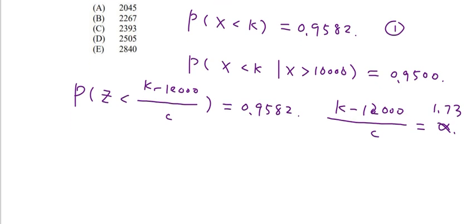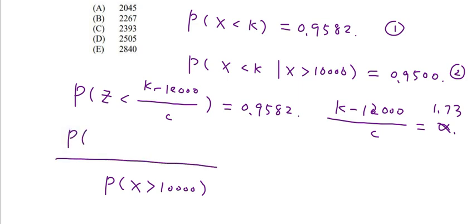Then we check condition 2. This conditional probability equals P of x larger than 1000 and less than k. Such a probability is this.